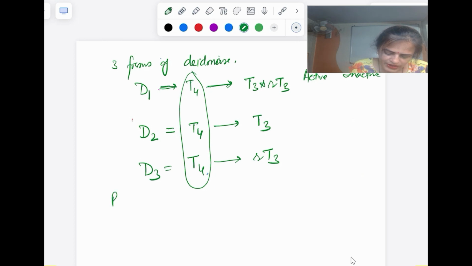So one of the important antithyroid drugs is propylthiouracil. Then amiodarone, this is an antiarrhythmic drug. Then we have propranolol, a beta blocker.